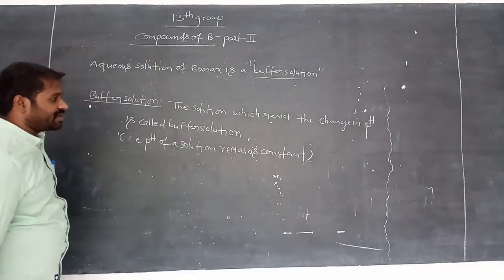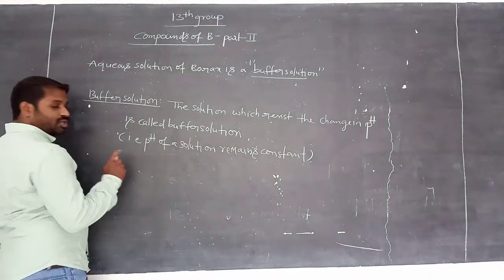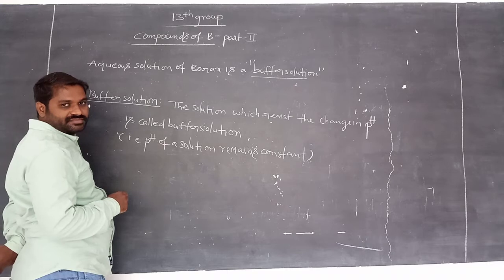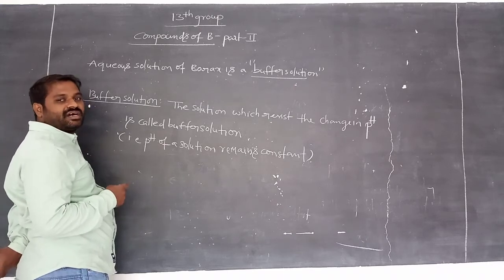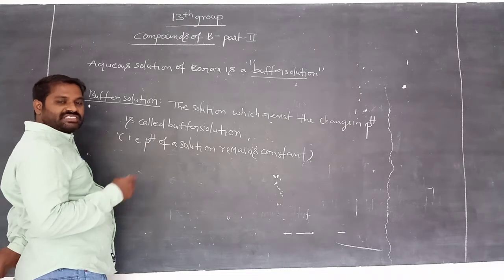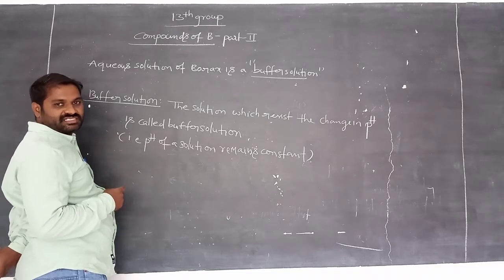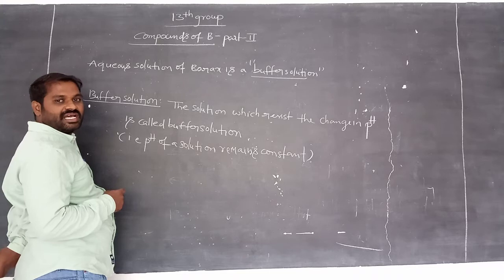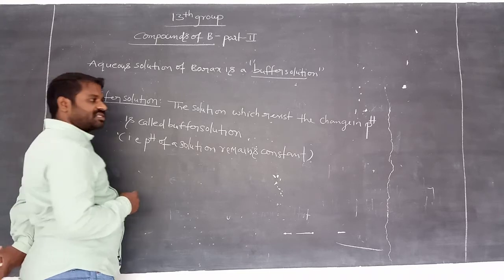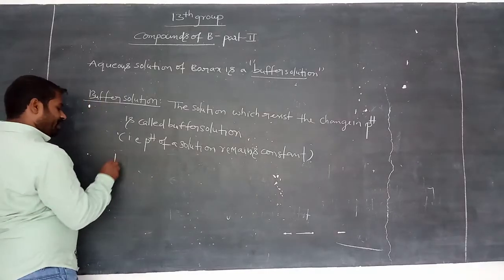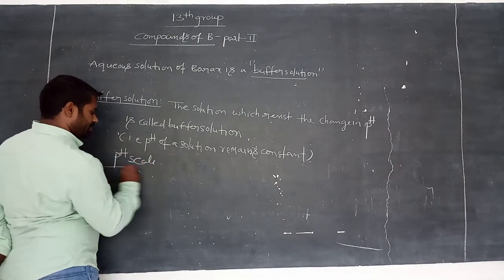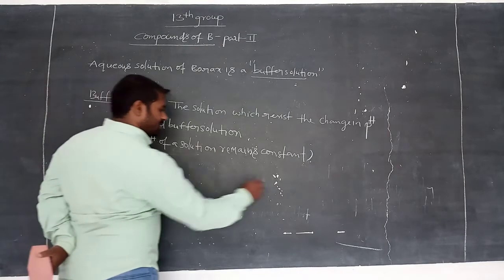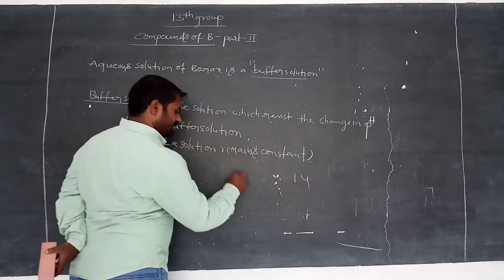So what is the meaning of that sentence here? Every solution has a pH value. pH can be used to measure the acidity, basicity or neutrality of the solution. Some solutions are acidic in nature, some are basic in nature, some are neutral. For example, the pH scale: 1 to 14 here, with 7 in the middle.